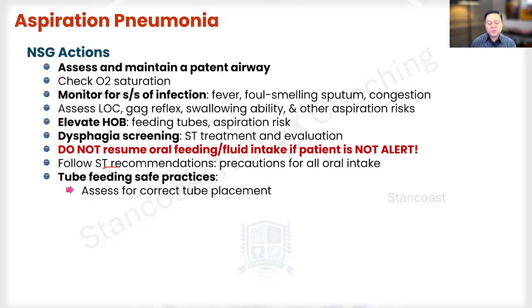All right. And you might be asked simply about this kind of scenario. So when you're doing the tube feeding, make sure that before you start giving that maybe intermittent tube feeding or maybe continuous tube feeding, you are checking for the correct tube placement. Well, how are you going to do that?